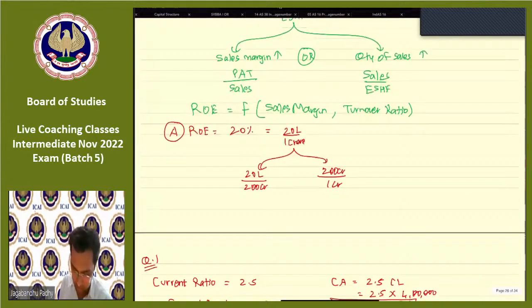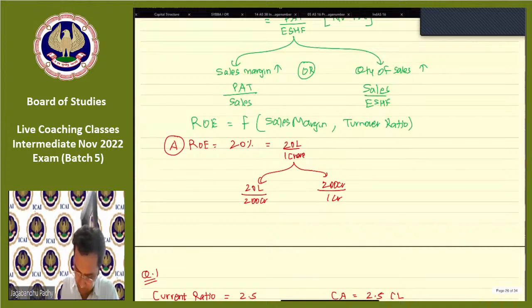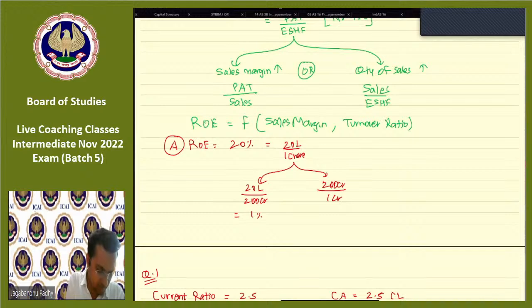So my PAT margin works out to be maybe 1%, because that's like 20 lakh divided by not 200 crore, but maybe 20 crore. 20 lakh divided by that is 1%, right? 1% PAT margin.